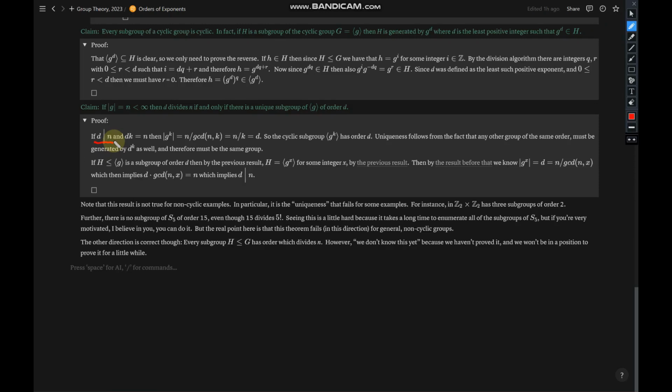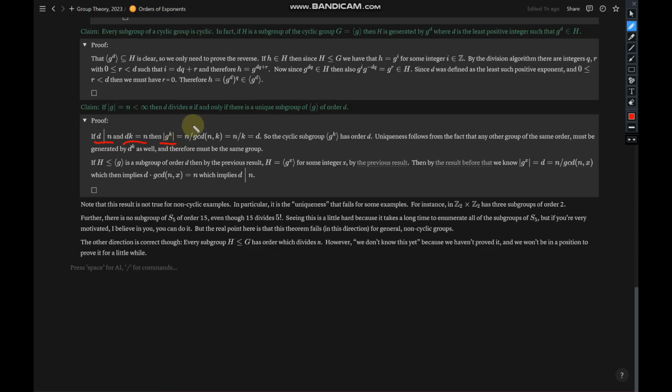Immediately by definition, there exists an integer k such that dk is n. I think it is a fairly reasonable thing to start investigating whether or not g to the k will get us the subgroup we are trying to find. It will be if it has the right order, if it has order d.